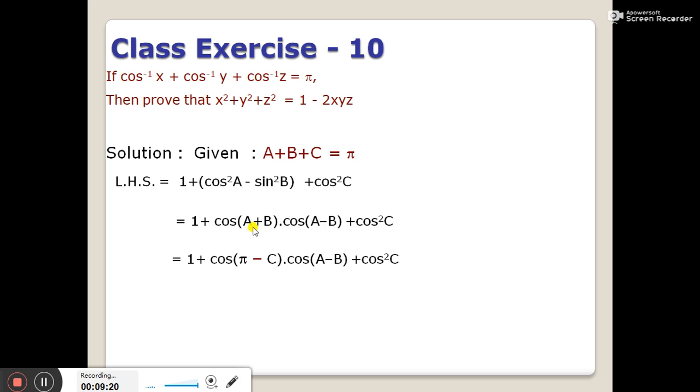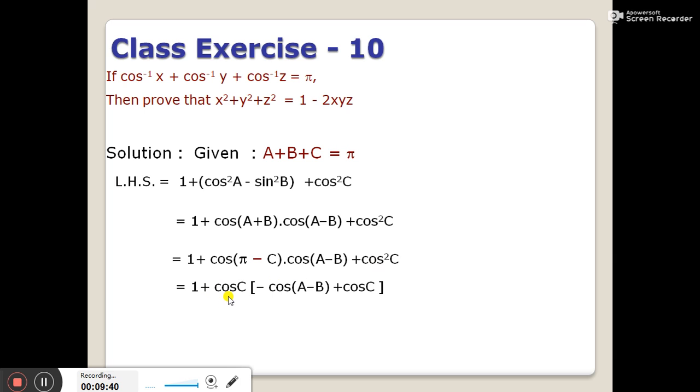As a plus b plus c is equal to pi, a plus b is equal to pi minus c. Substitute the value here: 1 plus cos of pi minus c into cos of a minus b plus cos square c, and cos of pi minus c is equal to minus cos c.